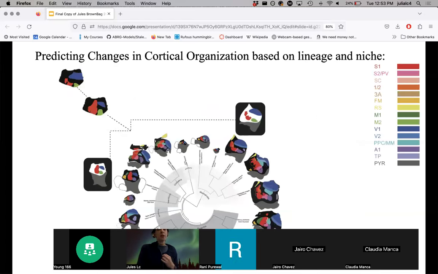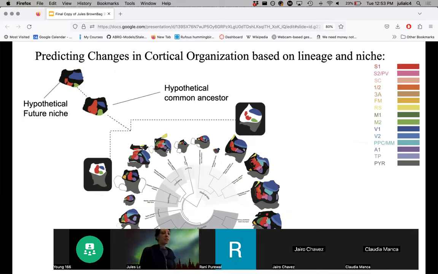Then we're hoping to connect this with niche information so that we can predict changes in cortical organization based on niches. As I said, we're connecting multiple different species into one neural net. So we can generate a cortical field that is across two species, and that would be the hypothetical common ancestor between these two species.